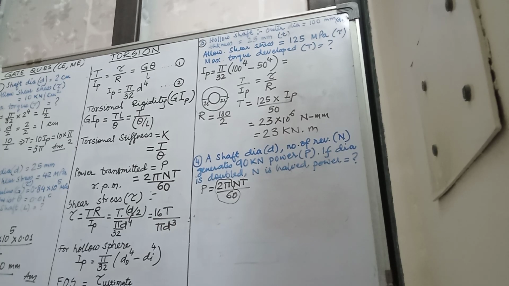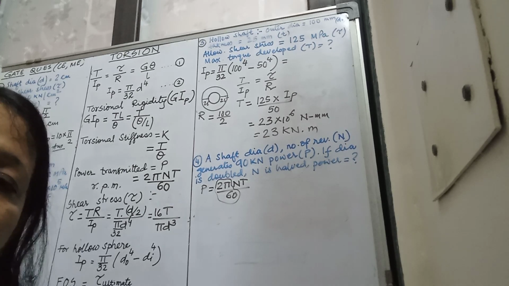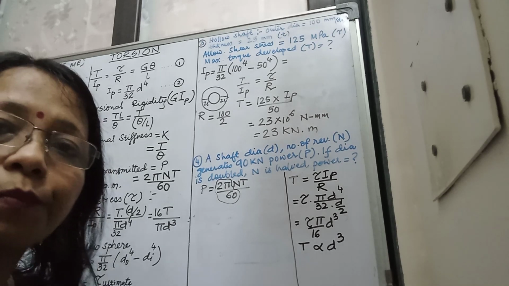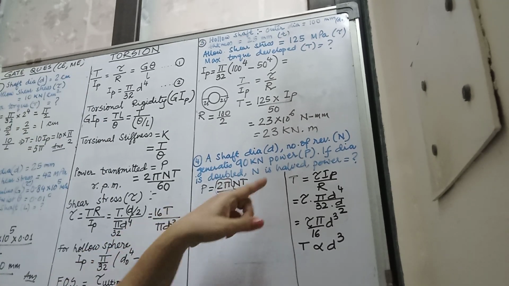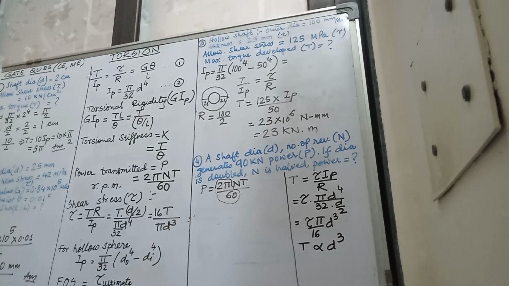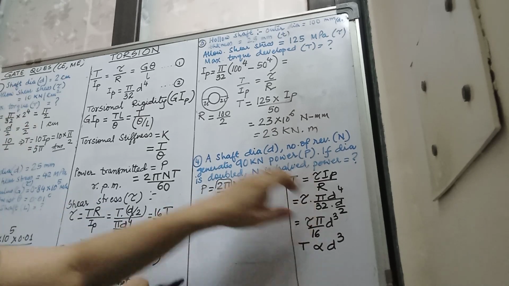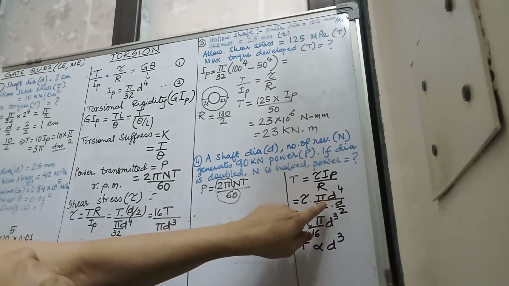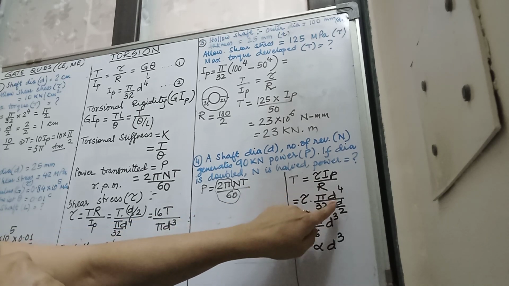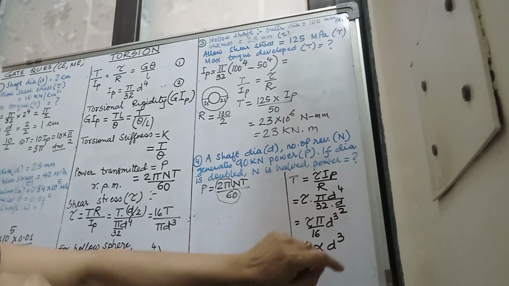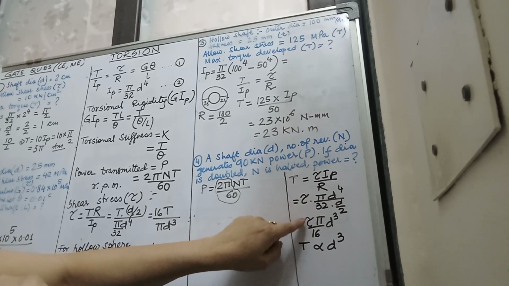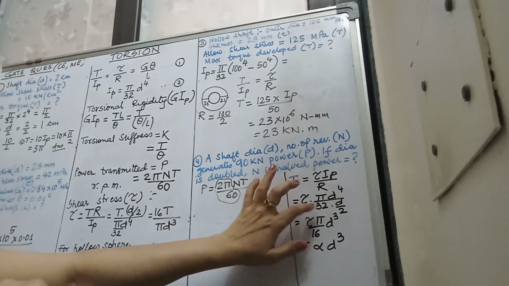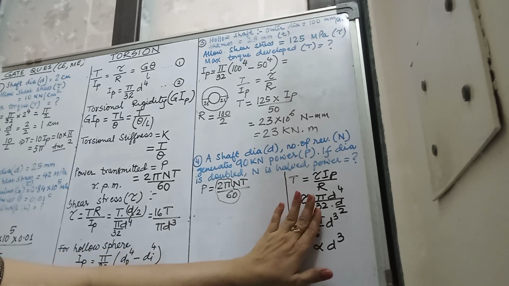See, T is equal to tau IP by R. Now IP is equal to pi by 32 d raised to 4 and R is equal to d by 2. So from here we are getting tau pi d cube by 16. Now all these are constant, only d, the diameter, is varying.